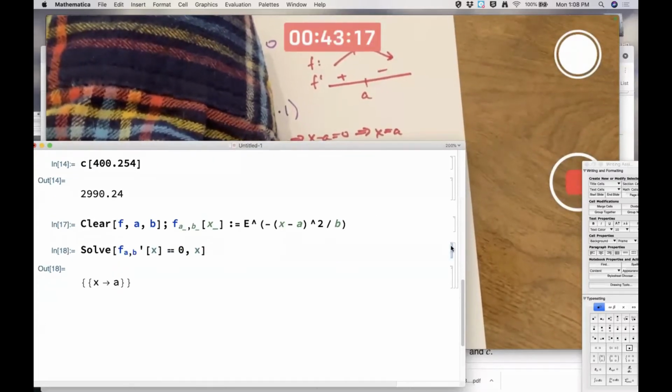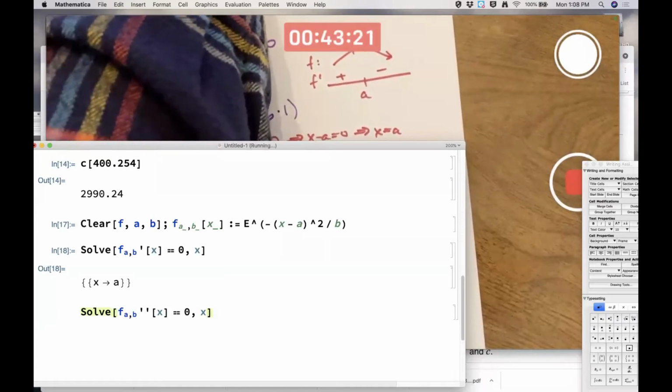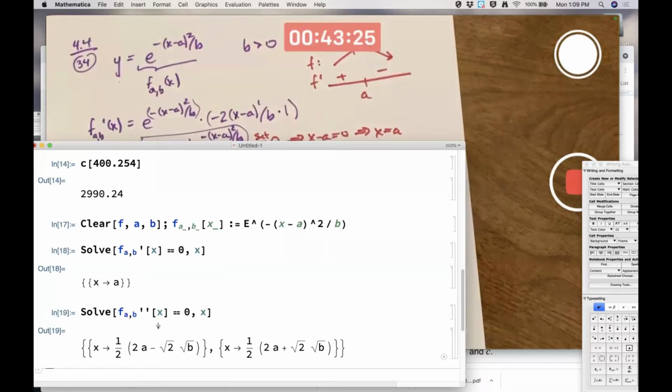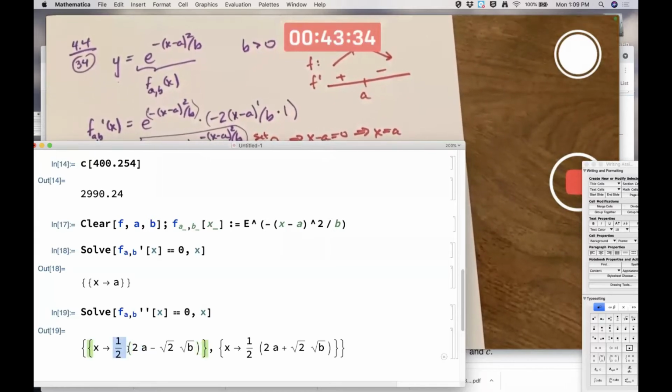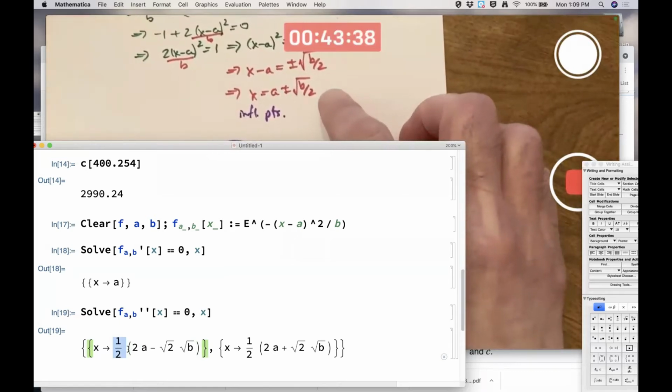That's going to be a maximum. Let's try for the second derivative. The inflection points, there they are. Is it the same as my answers? It doesn't look like it at first, but actually it probably is in disguise. Yeah, 2a divided by 2 is just an a. Comparing with these things here.